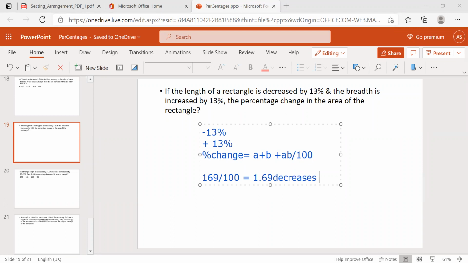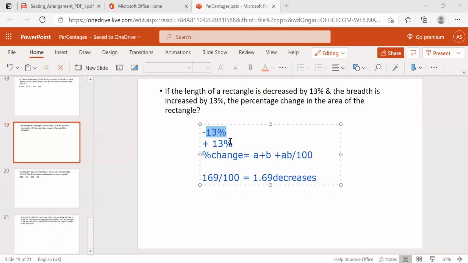So 1.69 decreases. So here it's a minus, right? They have given a decrease and an increase. If one is a decrease and one is an increase, then finally it will be a decrease only. Okay. So how are we going to find out? A plus B is nothing but 13 plus 13. So one is minus 13, one is plus 13. See here.